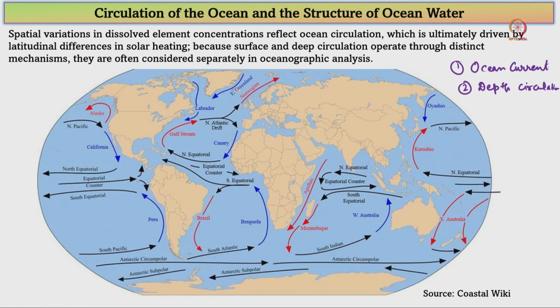So, there are two types of circulation. One is this spatial circulation, which is reflected as oceanic currents, and that is the mixing of the entire global ocean, and also at every location we can see that there is some depth circulation happening. Therefore, when we talk about composition, the spatial variations of dissolved element concentrations reflect this ocean circulation.